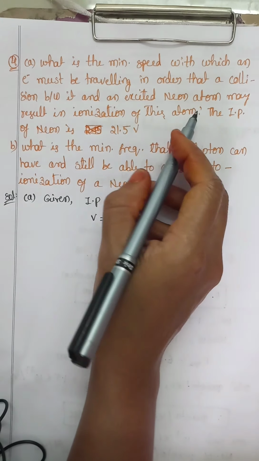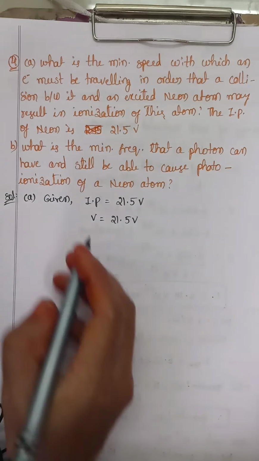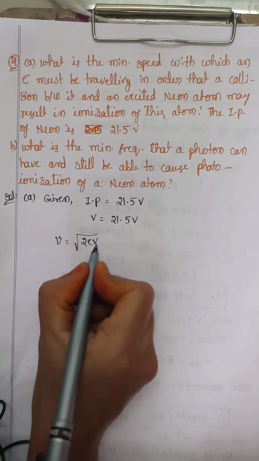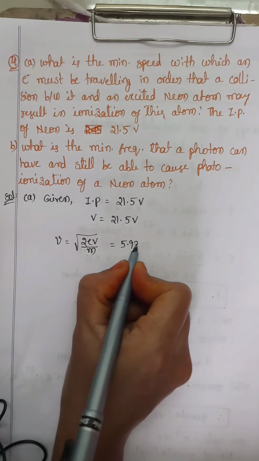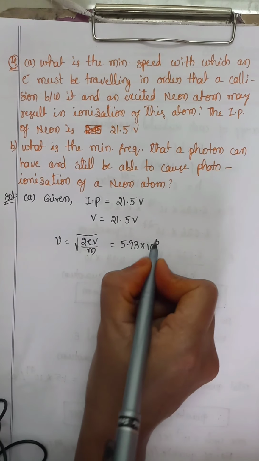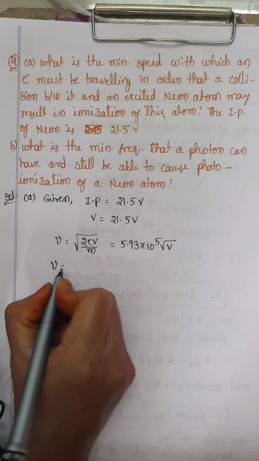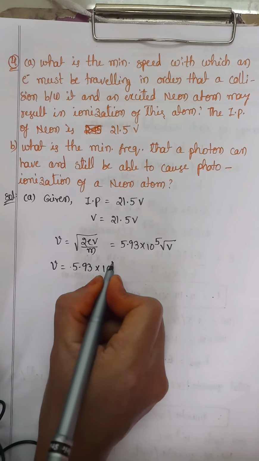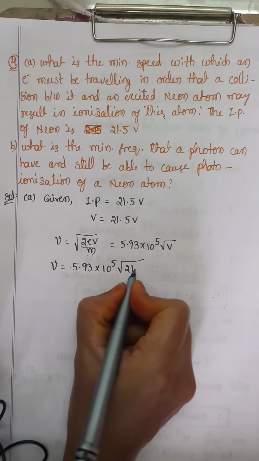Now, what are we asked to find? What is the minimum speed with which an electron must be travelling? So speed, that means velocity v, is equal to square root of 2eV by m. That is equal to 5.93 into 10 to the power of 5 into square root of V. Here V is given as 21.5. So small v is equal to 5.93 into 10 to the power of 5 into square root of 21.5.